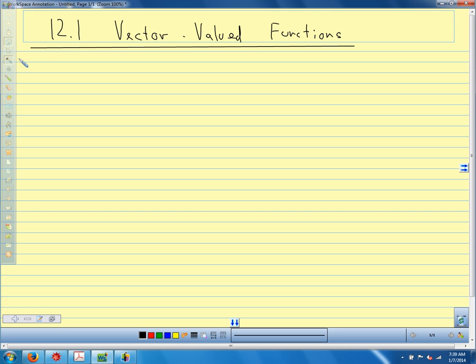So today we're going to extend what we know about parametric equations. We've used parametric equations to describe a curve in the plane.